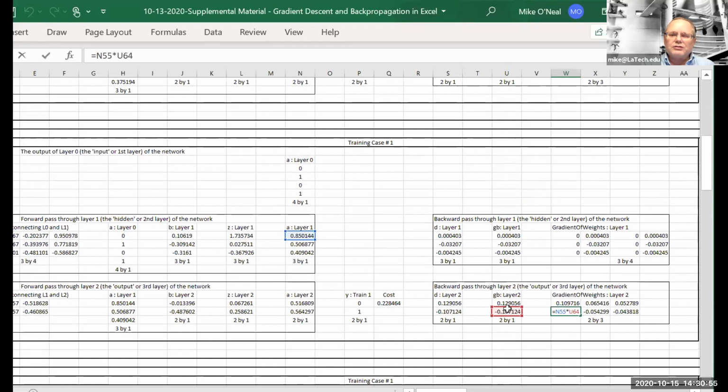First output times the bias gradient. Second output times that bias gradient. Third output times that bias gradient. And so as I went down this column here, right, multiplying, I was able to get this row of bias gradients.